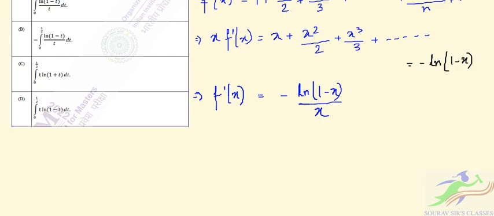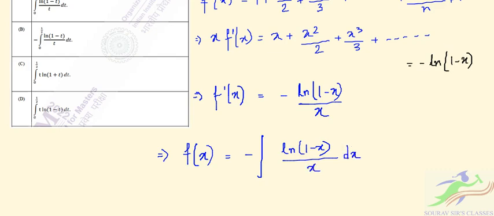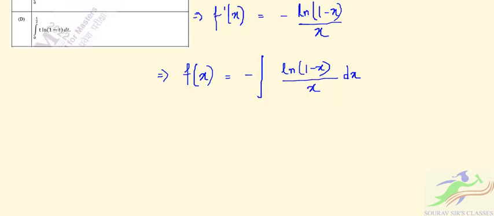If we do the integral over here, f of x will be minus integral ln 1 minus x by x dx. We can also write it in this form with limits: minus of 0 to x ln of 1 minus t by t dt.